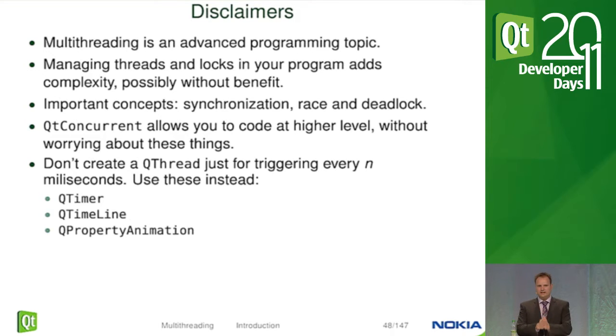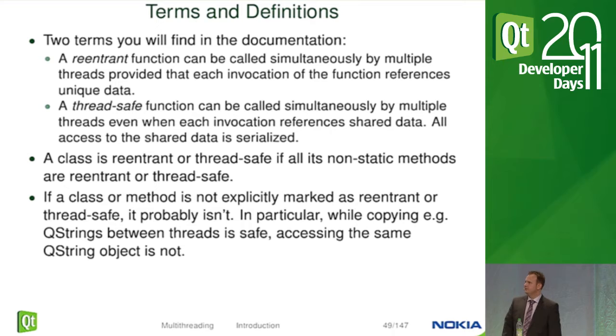So if you can clearly distinguish, this is something I kick off, it goes to another thread, the result is sent back as a signal to the first thread, or as we'll also see, is sent as an event from the worker thread to the GUI thread, then at least I've managed to get by without getting bitten too much. OK. With that warning, here are a few definitions.